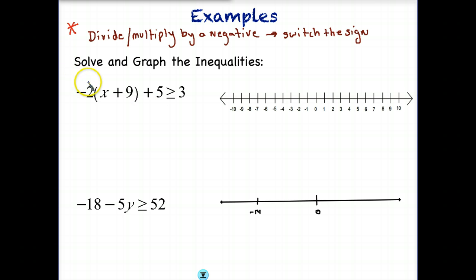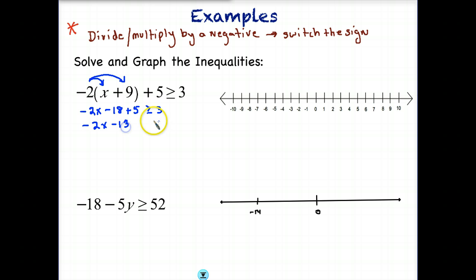Okay, so like I said, in order to solve these, we go ahead and solve them as we would any equation, and that would be to distribute the negative 2 into the parentheses. We would get negative 2x minus 18 plus 5 is greater than or equal to 3. Let's combine the like terms on the left side of the equation.